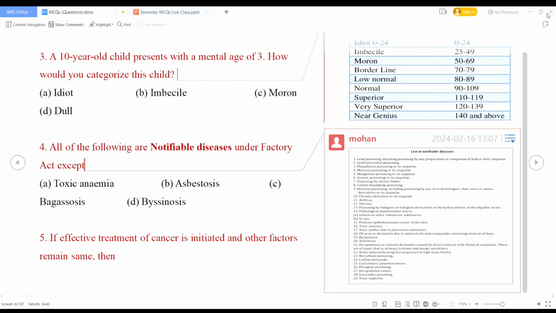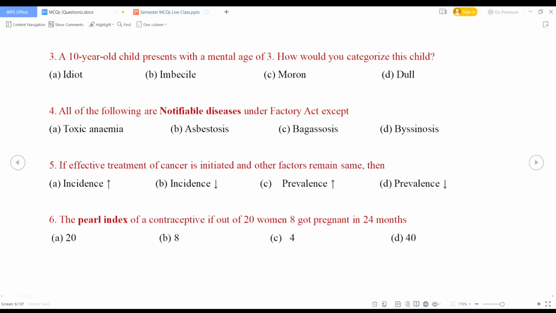Is it not? So the right answer is bagasosis, which is not a notifiable disease, which is caused by sugarcane dust.